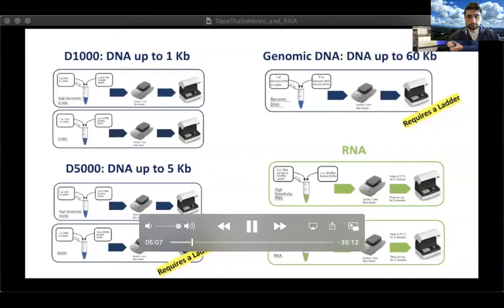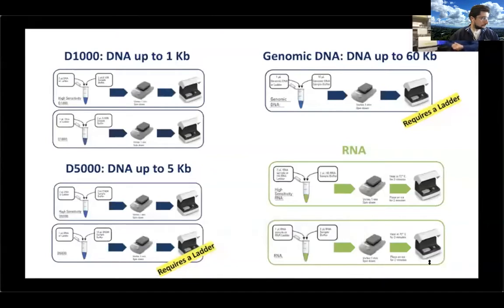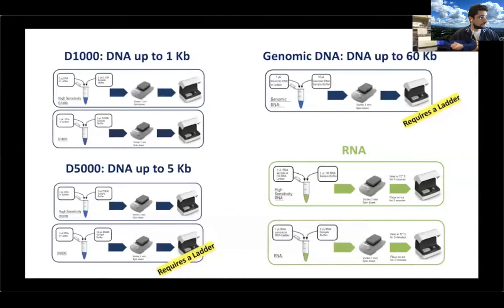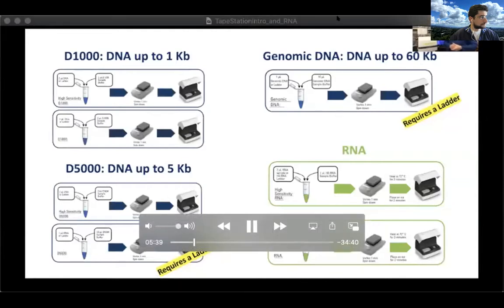And this is true, for example, for single-cell applications or for the SMART-seq type of approach. And so your fragments will be an average of like 2.5, 3 kb, depending on how well the cDNA production and amplification went. And so that's why you need a bigger size range than a D1000 for visualization.